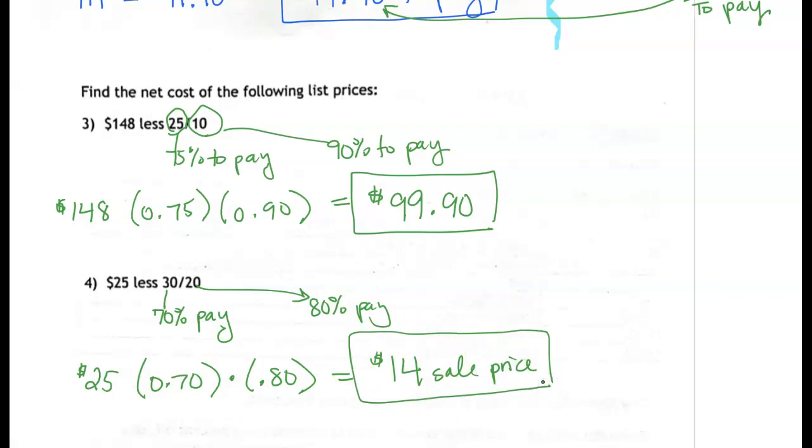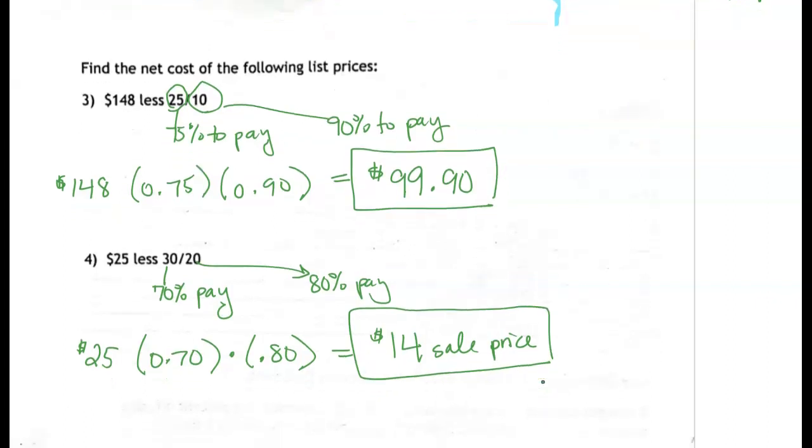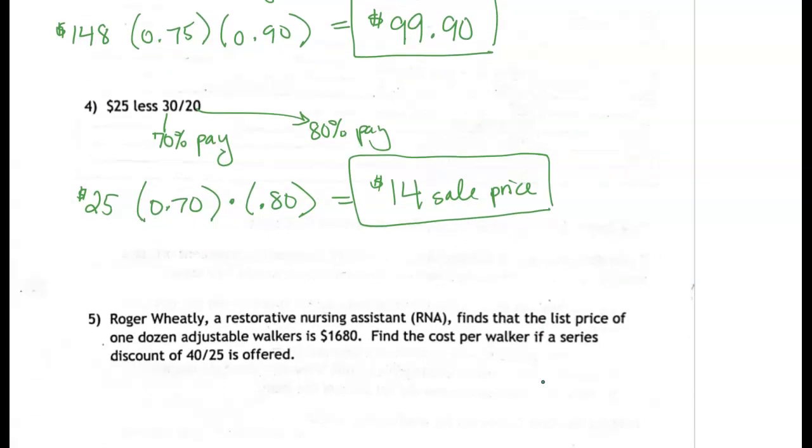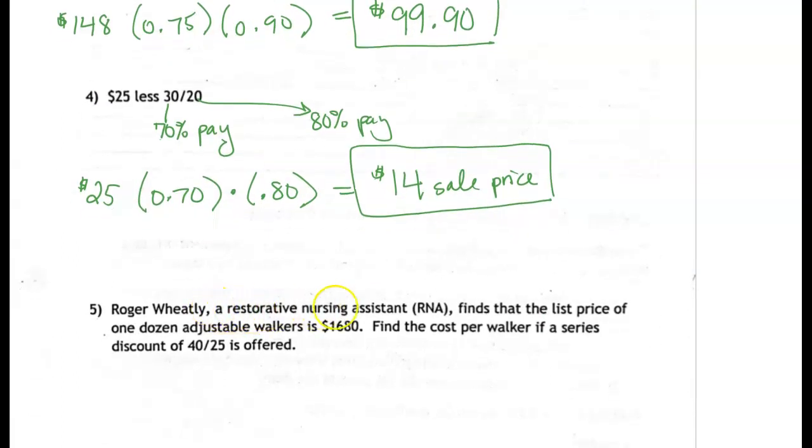Okay. One last question to go through for section 7.1. In a word problem format, Roger is a restorative nursing assistant, an RNA, and finds that the list price, all the list price really means is the original cost or original price. So sometimes called the ticket price. Okay.